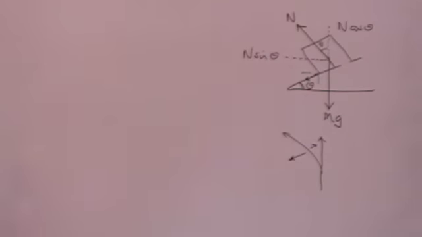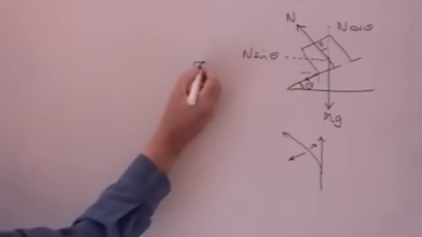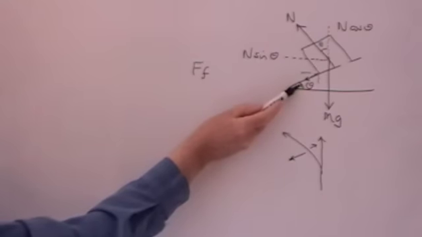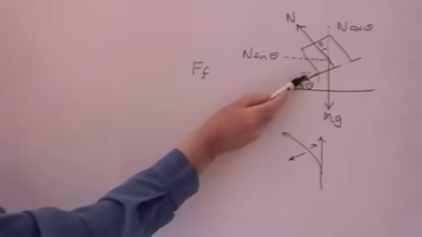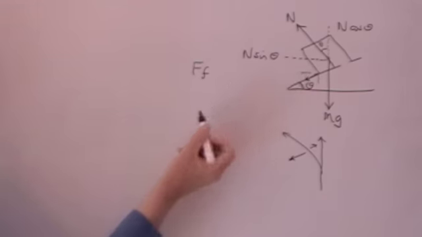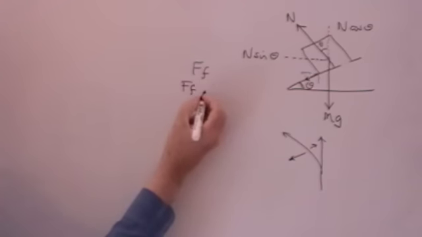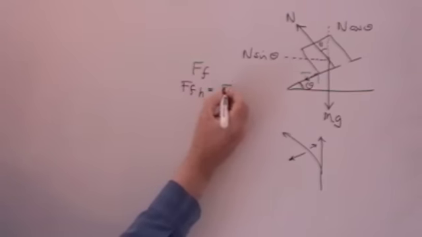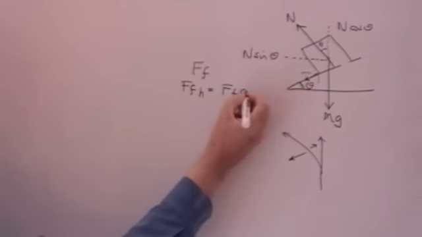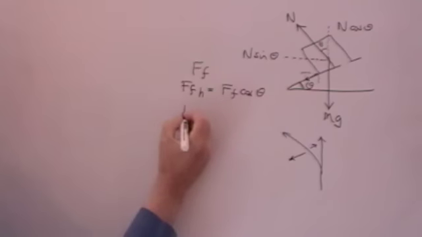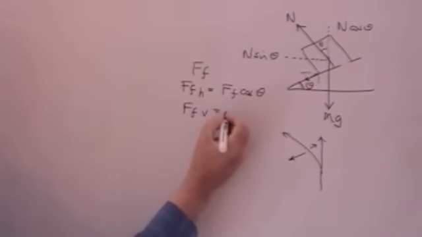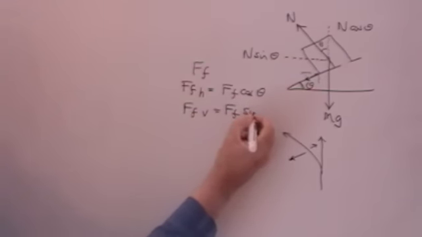If the frictional force is Ff, then I think you can see that since this angle is theta, this angle is going to be theta here. And so the frictional force which is horizontal is going to be Ff times the cosine of theta, and the frictional force which is vertical will be Ff times the sine of theta.